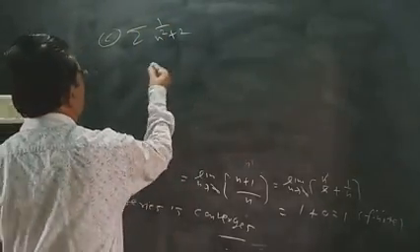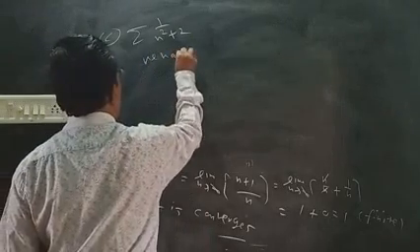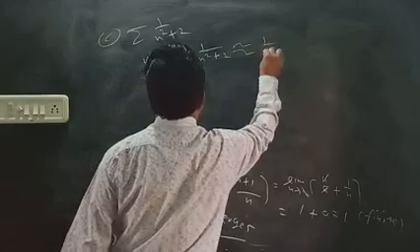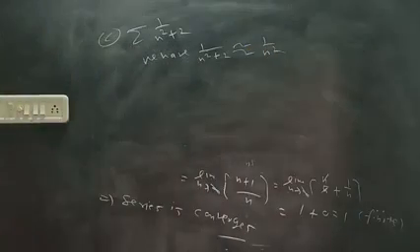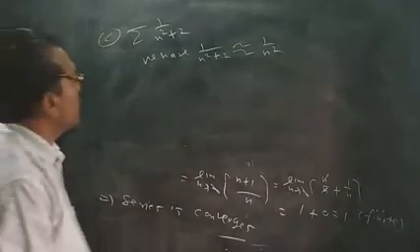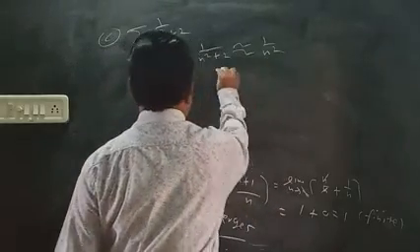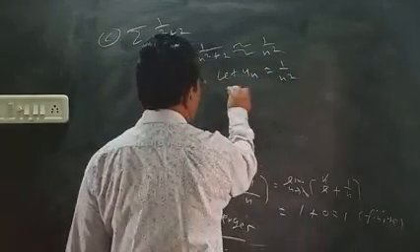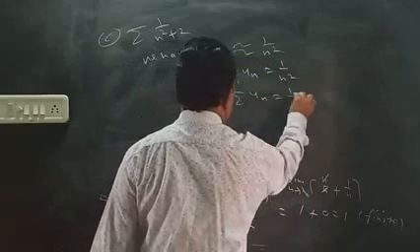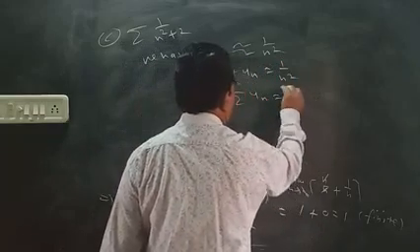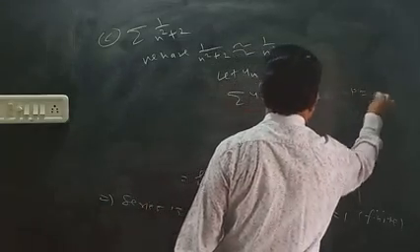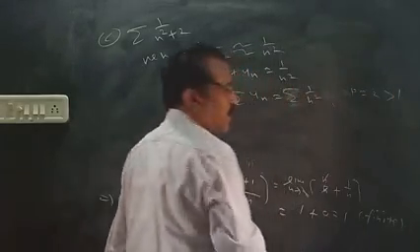So clearly n square plus 2 will be nearly equal to 1 upon n square. So let Yn be 1 upon n square, the series 1 upon n square, n equal to 2, p equal to 2, greater than 1.